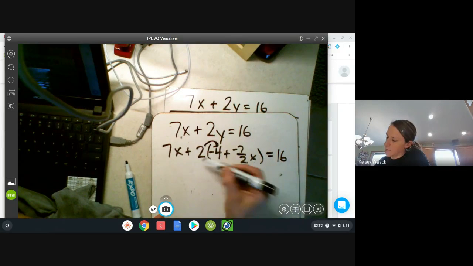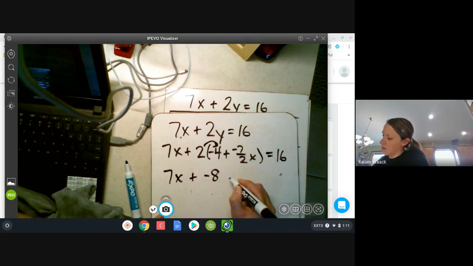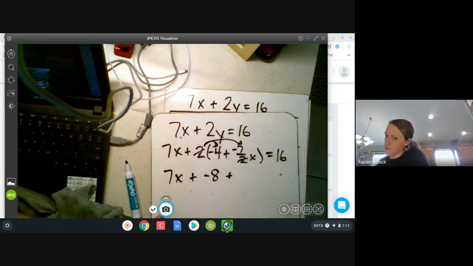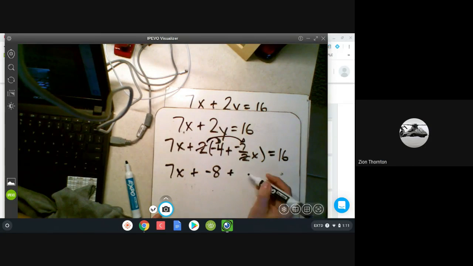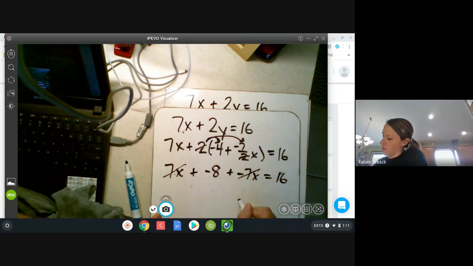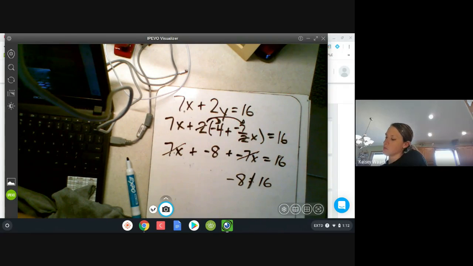So 2 times negative 4 is going to be negative 8 plus distributive property here. If I multiply by 2 and divide by 2, can't I just get rid of them? So I have negative 7x equals 16. So now if I have positive and negative 7, what happens? Cancels out. And now if I have negative 8 equals 16, what does that tell me? No solutions. There's no solutions to this one.